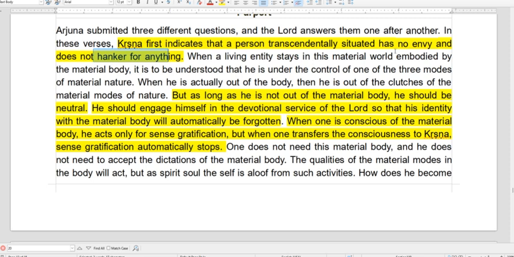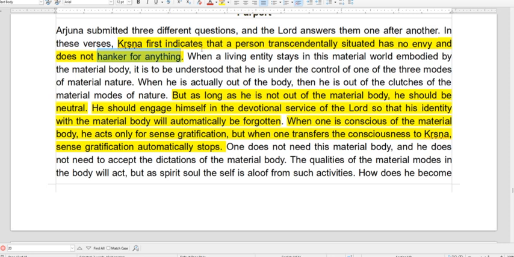See, what the three modes give is, in passion and ignorance, you develop envy. In passion, ignorance, and goodness, you develop hankering also. In goodness, you hanker for good things. In passion, you definitely hanker. I want this. In ignorance, you hanker for something which you should not have.